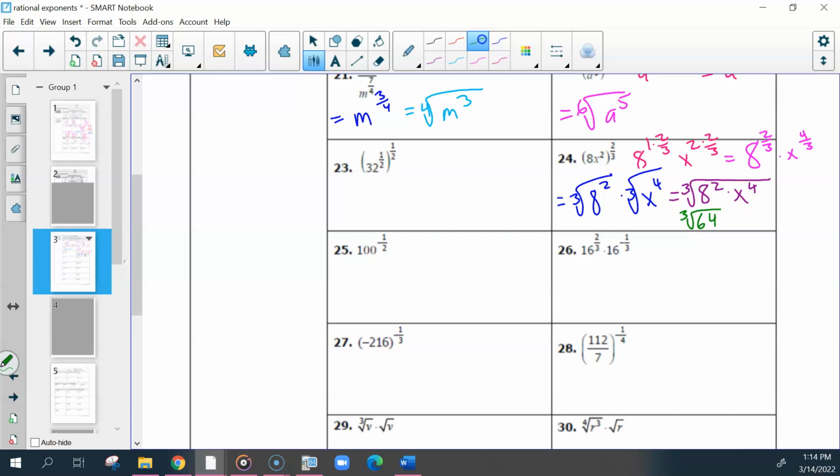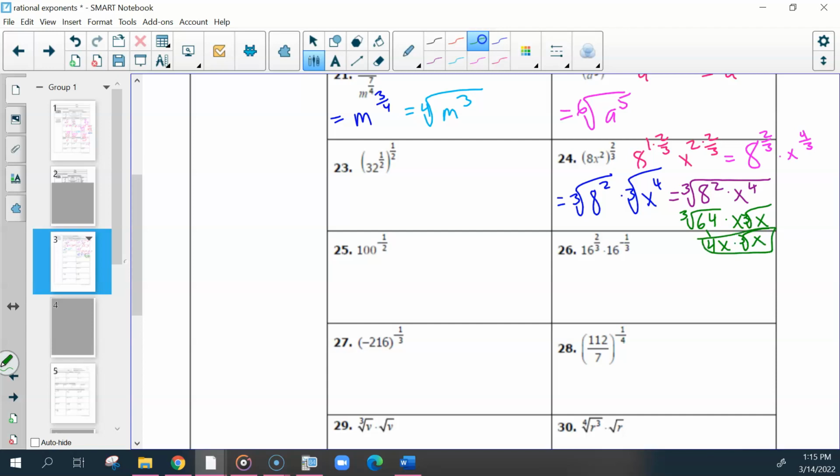And then we know that 3 goes into 4 once. So that would be the equivalent of 1x coming out and 1x staying in. The cube root of 64 we know is 4. So this would be 4x times the cube root of x.